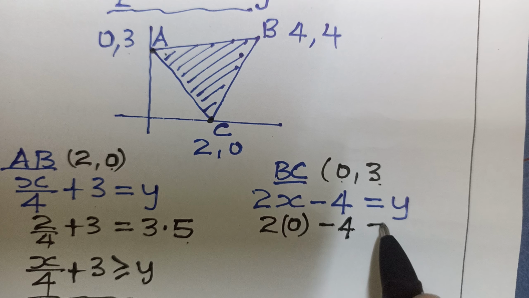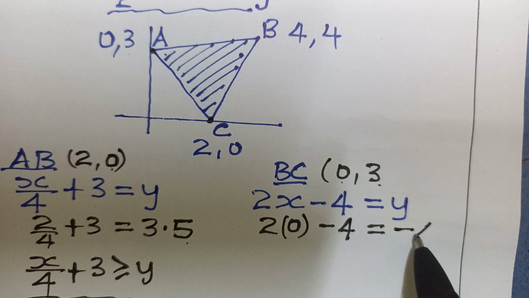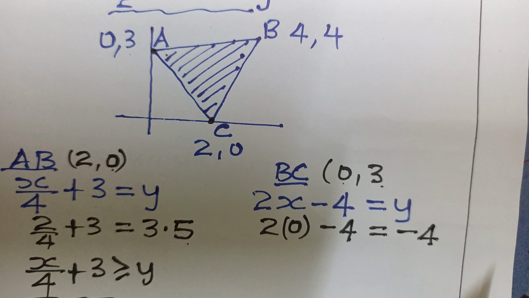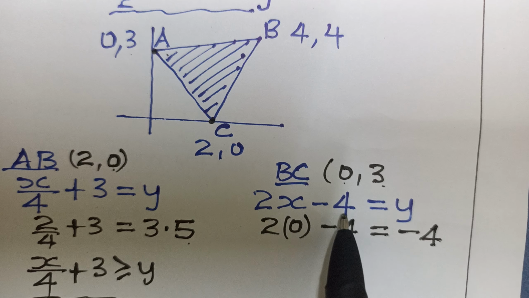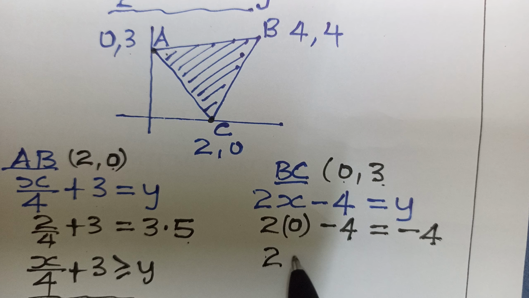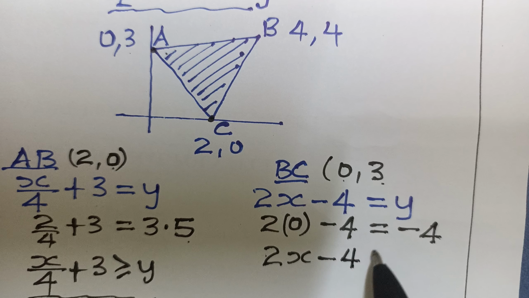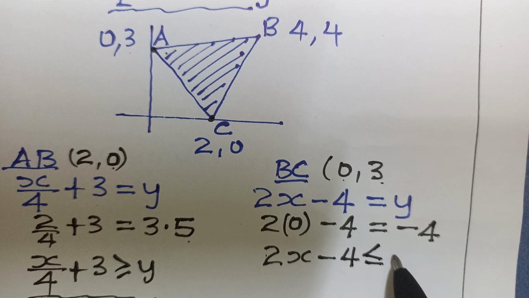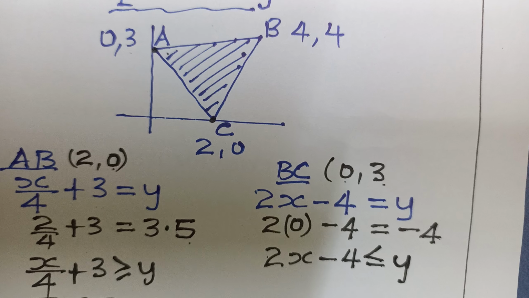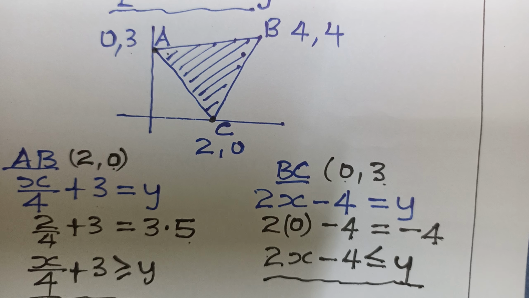And so therefore, guys, as you can see, our answer here is going to be minus 4, which is now less. So whatever we have put here has become less. And so therefore, we are going to have 2x minus 4. Now it is less, so we put it like that, y. So that is another inequality representing that line.